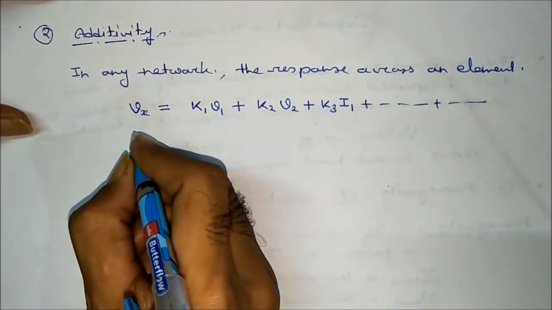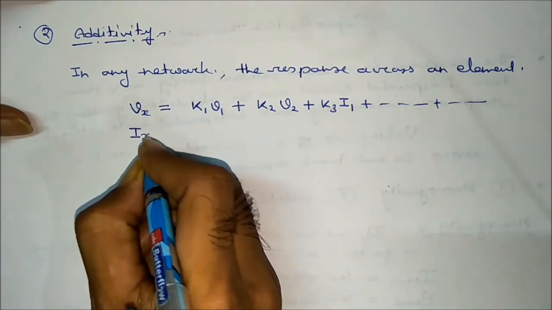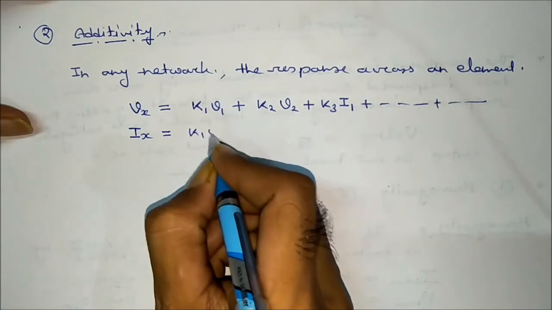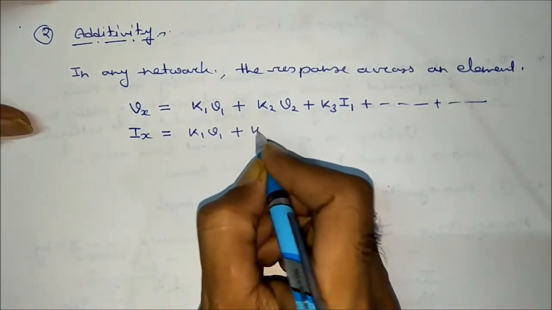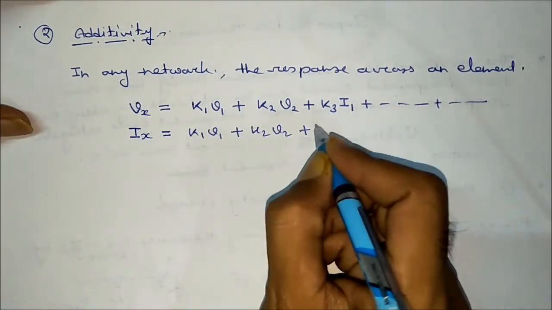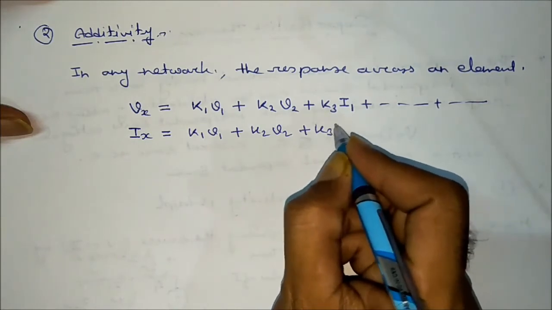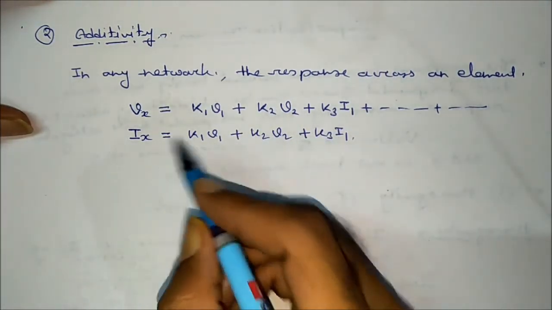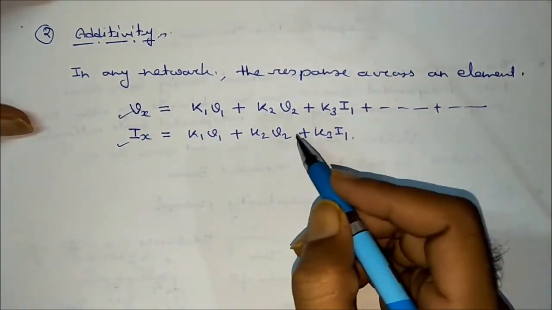Similarly, if I want to calculate Ix, this can also be written in the same manner: K1 V1, K2 V2, K3 I1. These K1, K2, K3 are different values for Ix and Vx.